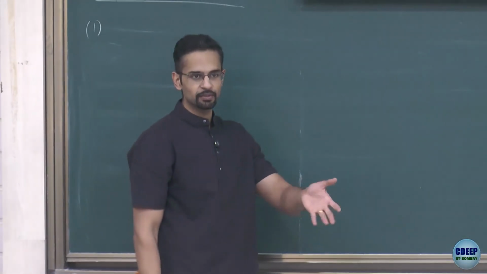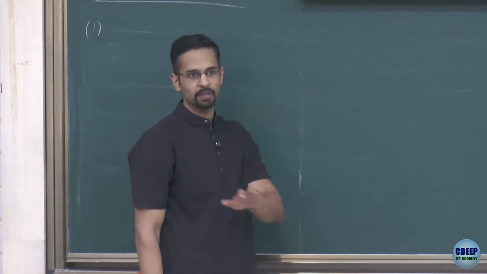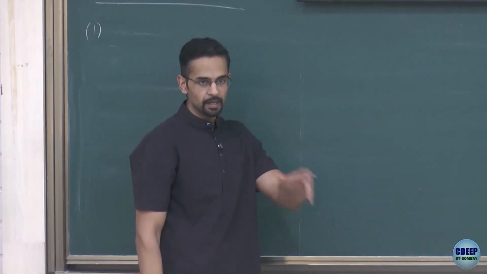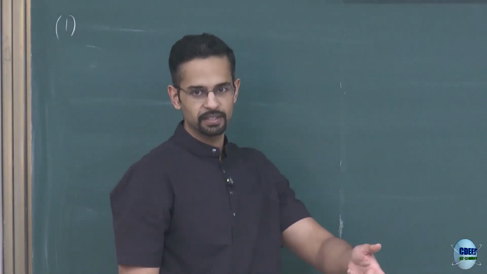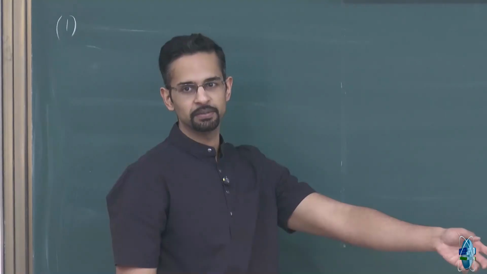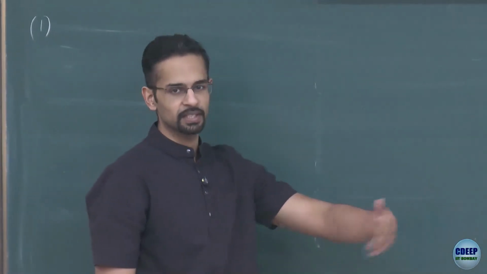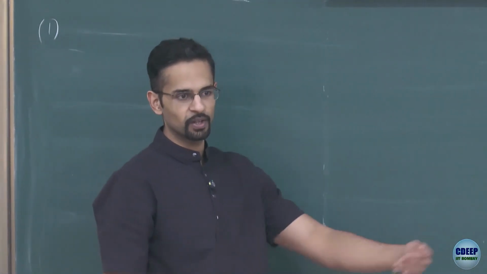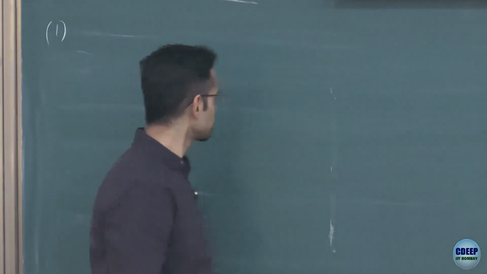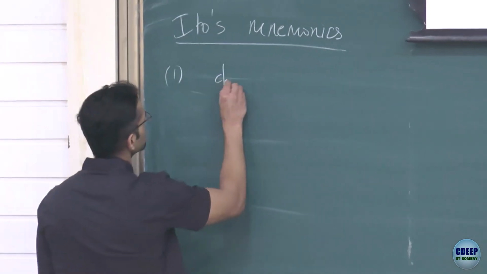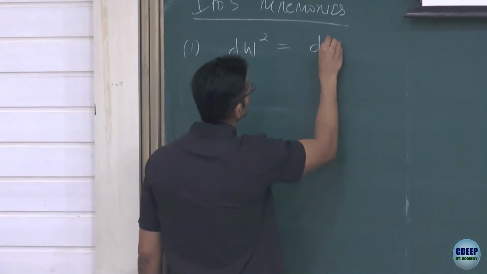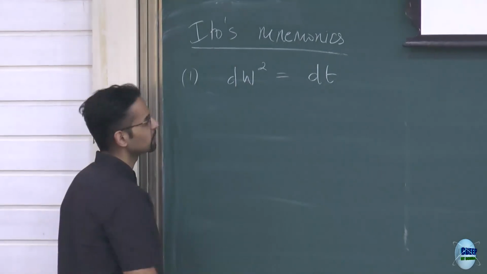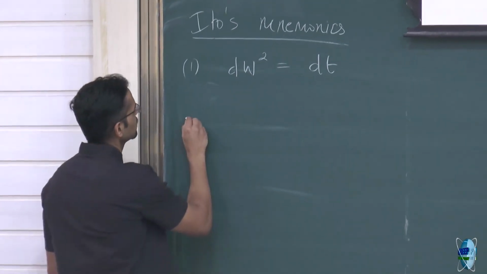Really these rules express something we've already seen, which is the key reason that there are differences in Ito results compared to usual calculus: dW, the Wiener increment, has an order of magnitude root dt. And that's why dW squared terms survive. That is what gives us the dependence on where we choose to evaluate the integrand, for example. So the first rule is basically that dW squared behaves like dt, where I will define what the equality means.